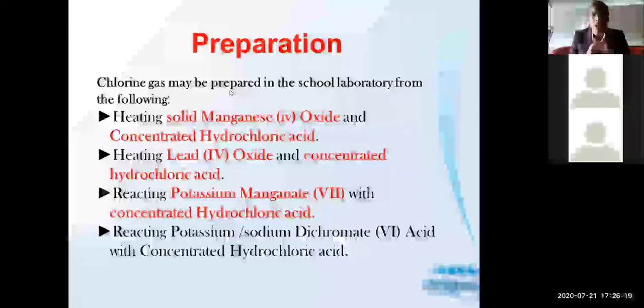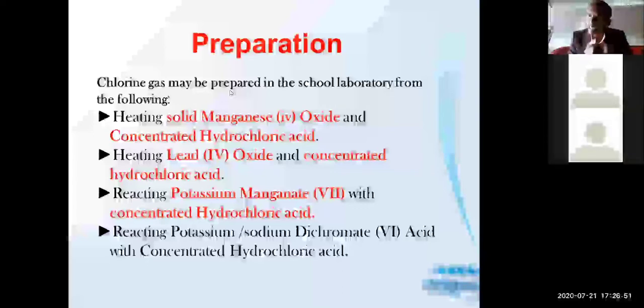So for you to be able to prepare chlorine gas, there are things that you have to know, the reagents. We have at least 4 ways on how we can prepare this gas. The first one, we can heat the solid manganese 4 oxide with concentrated hydrochloric acid.